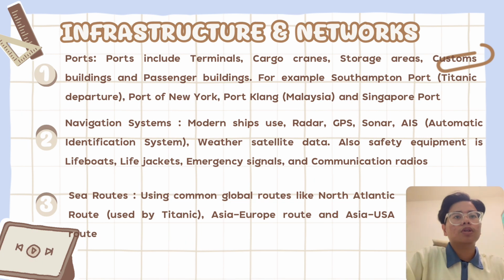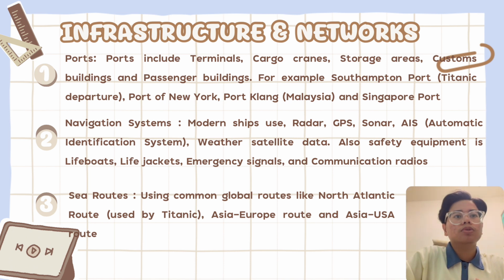And then for infrastructure and network, ports include terminals, cargo cranes, storage areas, customs buildings, and passenger buildings. For example, Southampton Port, which was the Titanic's departure point, and then the Port of New York, Port Klang, and Singapore Port. The second one is the navigation system.